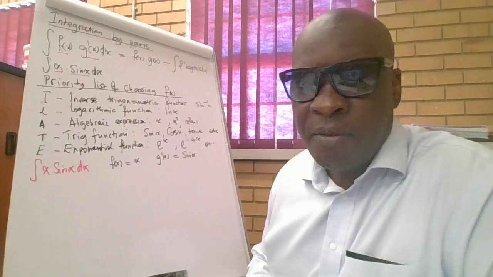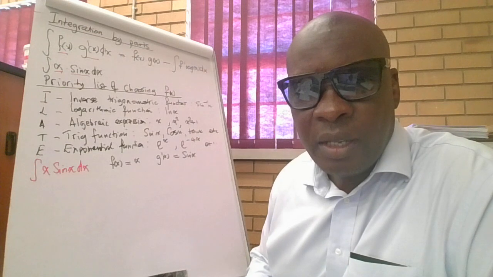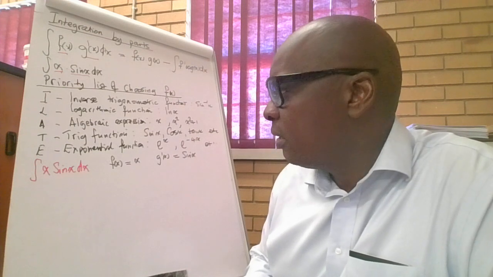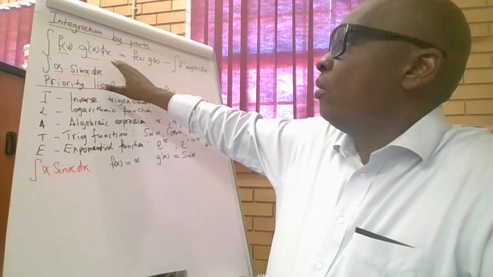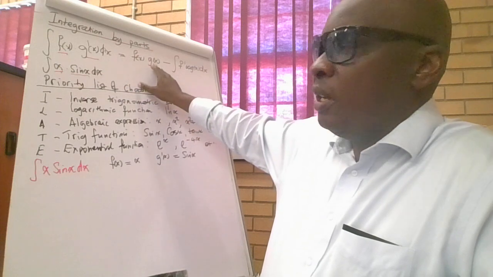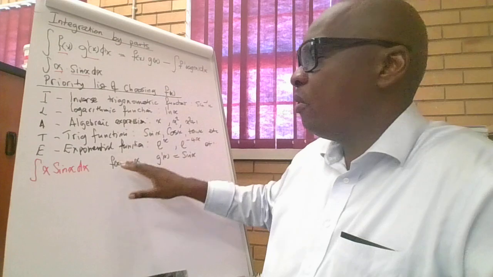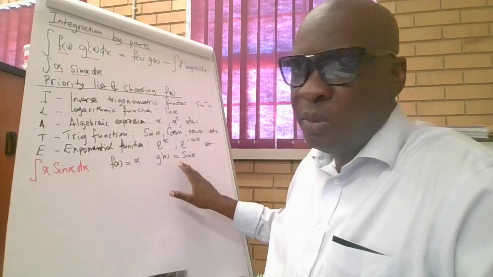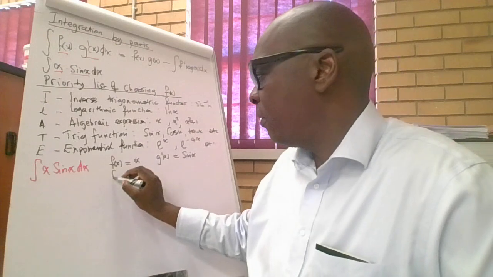And now once I have identified what I can call f of x and what I can call g prime of x, the very next thing is, if you look into our formula here, it does have g of x and also f prime of x. So I must also now find what is f prime of x.